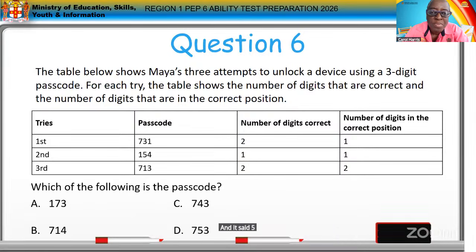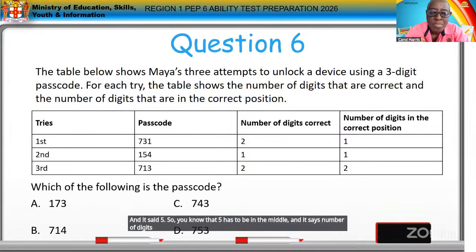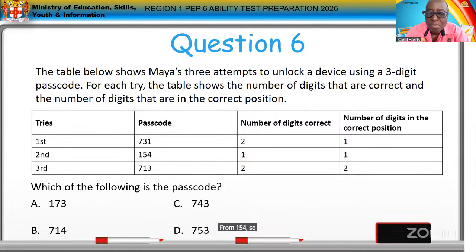So you know that 5 has to be in the middle, and it says number of digits correct in 713, it has 2. Number of digits in the correct position, 2. So you use the 7 and the 3 and the 5 from 154. So that's how I arrived at 753. Okay, thank you very much for that.